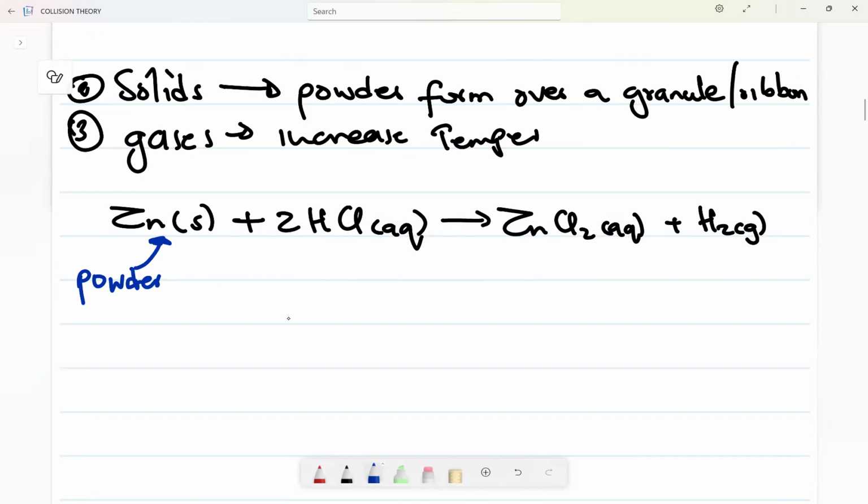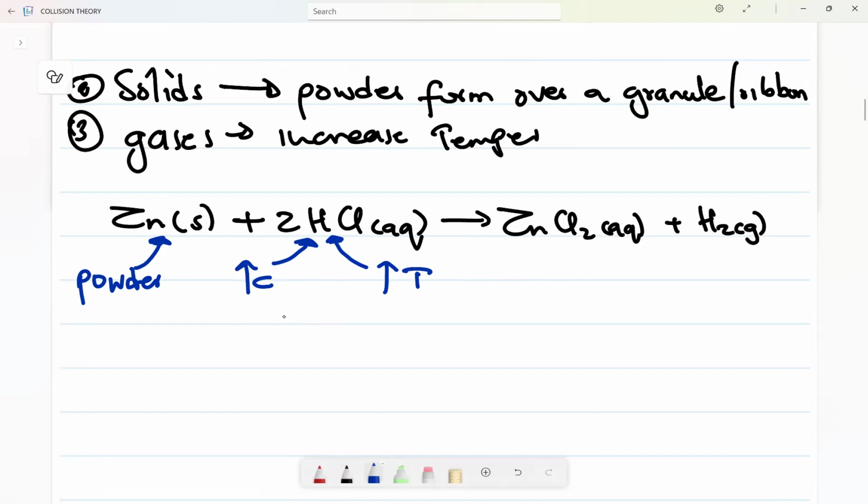Either I increase the concentration, or another thing that I can do to increase the effective collision is I can increase the temperature. Remember, it is a solution. So if I increase the temperature, okay. This is what I can do on this reaction to increase the effective collision. Remember, I'm going to affect the reactants.